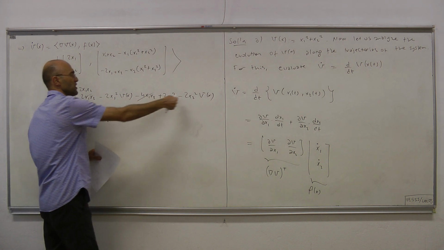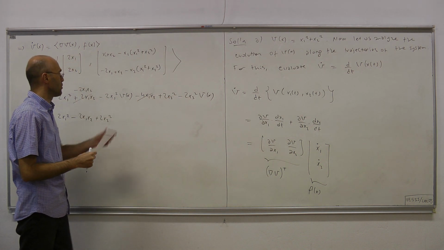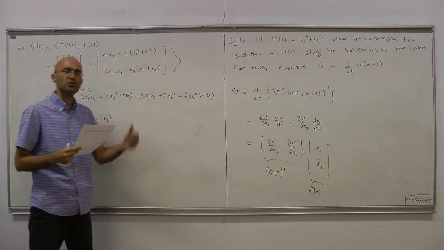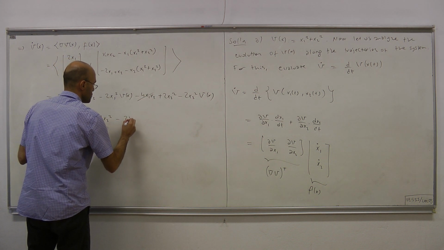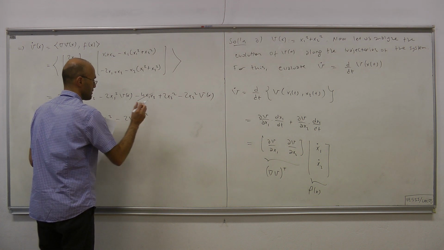Now x1 squared plus x2 squared is again V of x, so these two terms produce a V squared term: minus 2V of x squared.